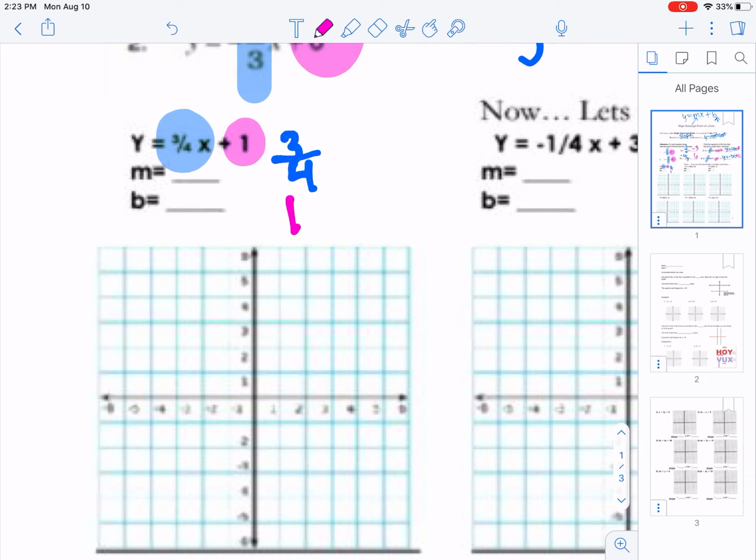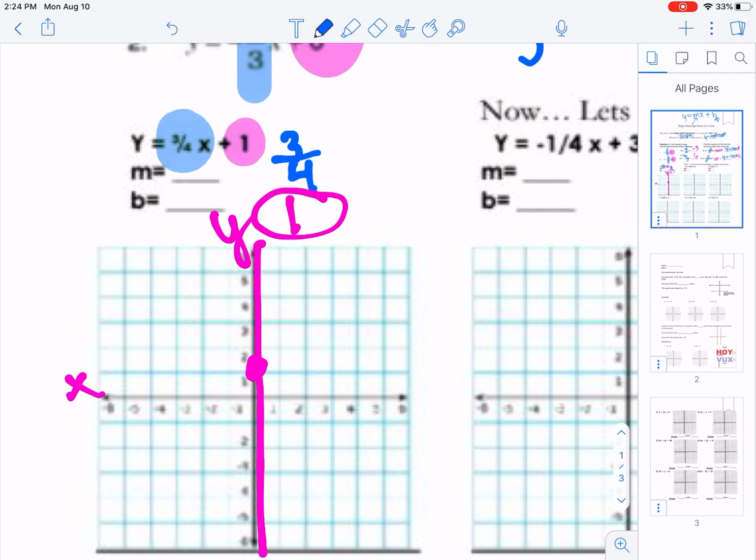So now when we go to graph, we always start at the y-intercept. So my y-intercept is 1, so I'm going to go to my y-axis. Remember, the left and right numbers are your x-axis, the up and down numbers are your y-axis. So we're always going to start on this axis right here, and I'm going to start at 1. So I'm going to put a point at 1.